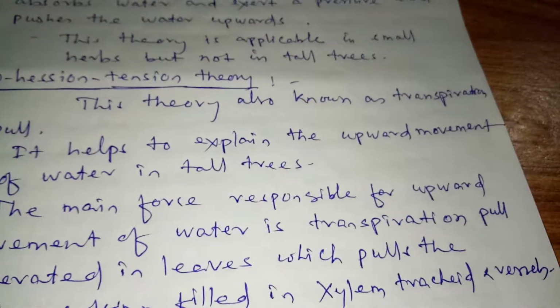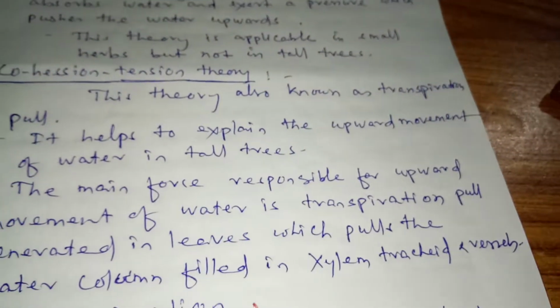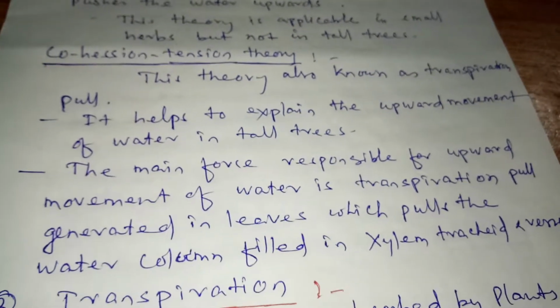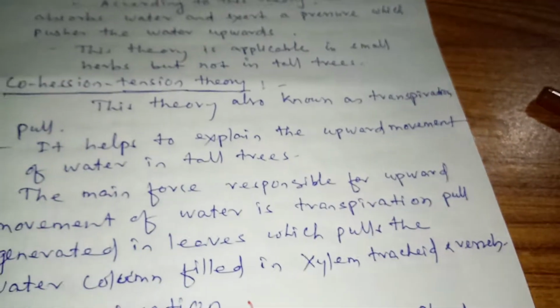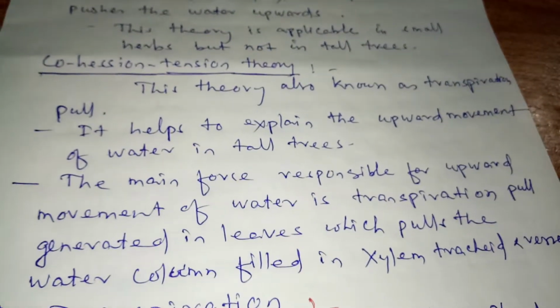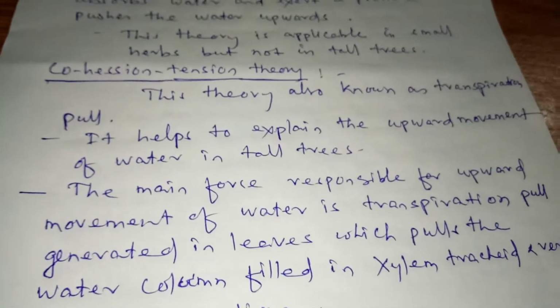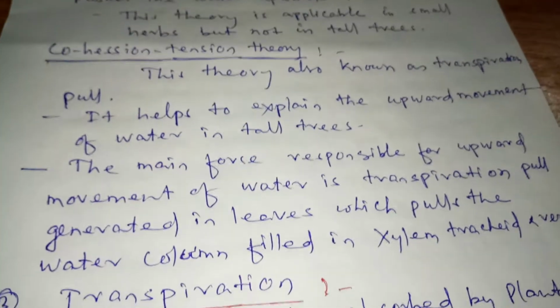The main force responsible for the upward movement of water is transpiration pull, generated in the leaves, which pulls the water column filled in the xylem tracheids and vessels. Students, we should understand the xylem. It is a continuous tube-like channel that extends from the soil to the aerial part.